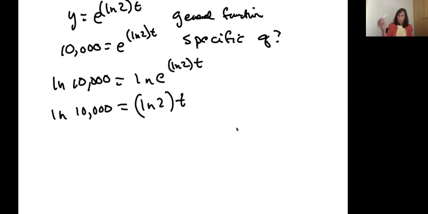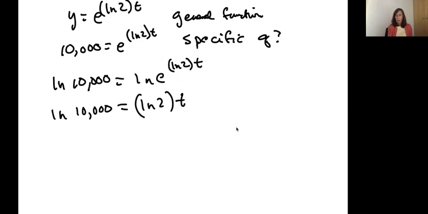So just as we did when the 2 was in the base, when you take the log of e raised to something, because they're inverse functions, the log and the e cancel each other out, and what you get is the thing that you're raising e to. But now we're raising e to a more complicated power. It's t times the log of 2, so no problem.